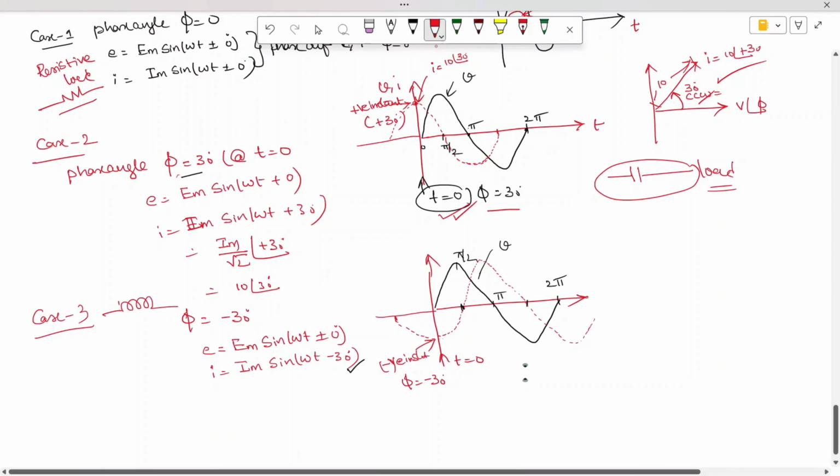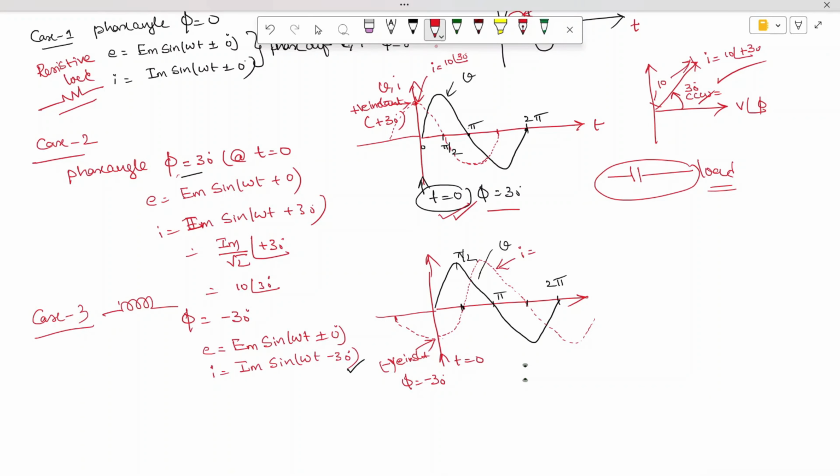How to draw this waveform? Let us try to write it down. This is the current, I of 10 at an angle of minus 30. If you draw the phasor diagram, I'm taking voltage as the reference, V at an angle 0. And current is how much? 10.